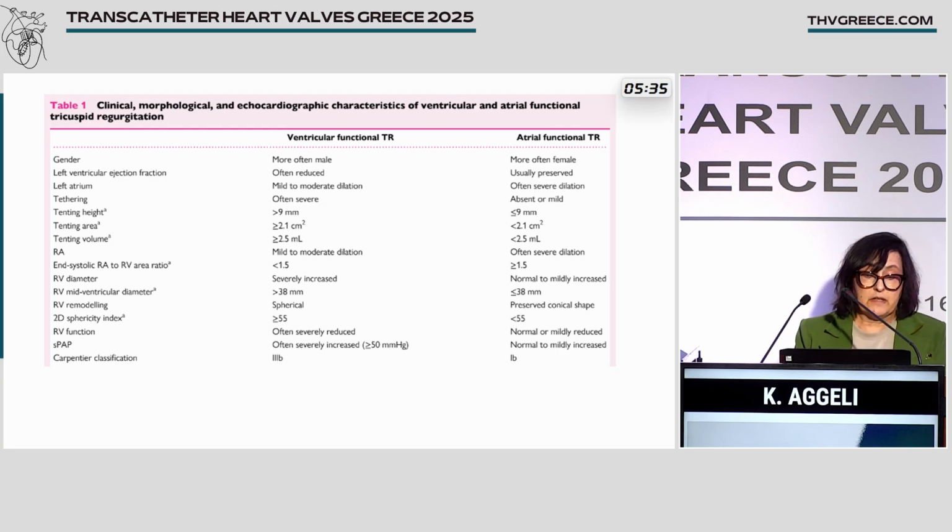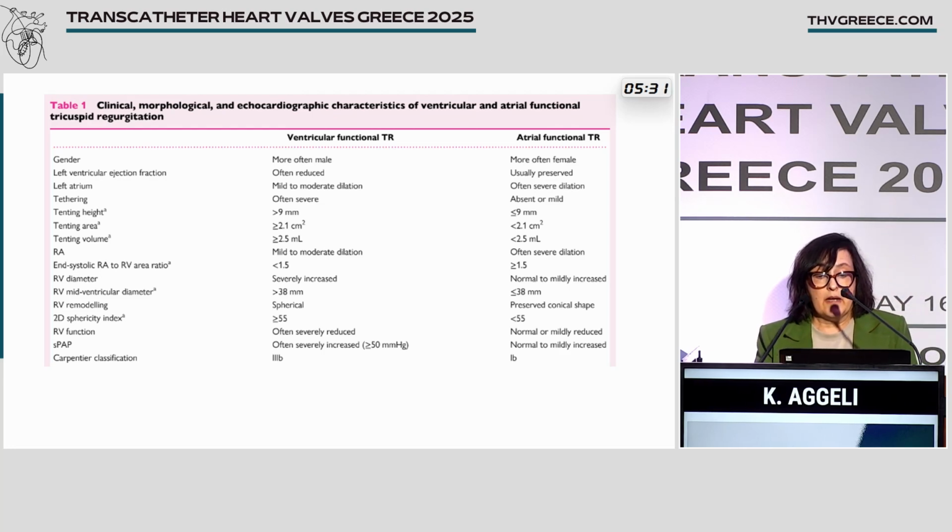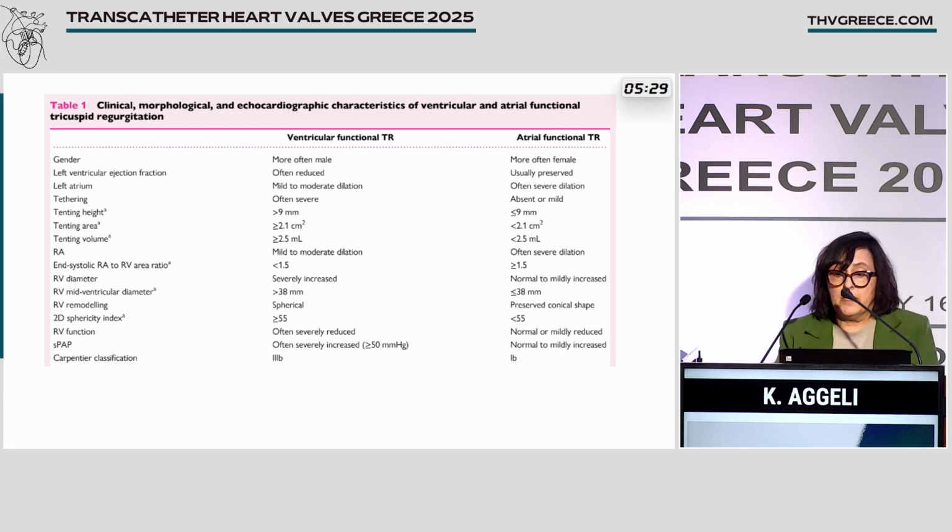And we see that the tenting height, tenting area, and tenting volume are higher compared to patients with atrial functional regurgitation. And it's very important to note that the end-systolic right atrium to right ventricle area ratio is less than 1.5 in patients with ventricular functional tricuspid regurgitation compared to atrial functional.